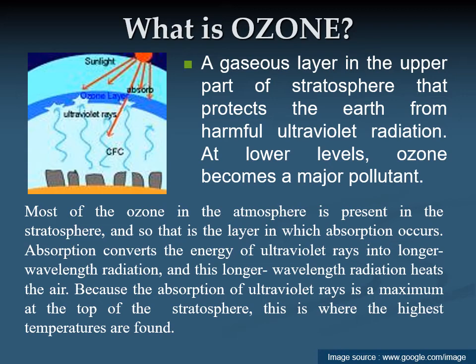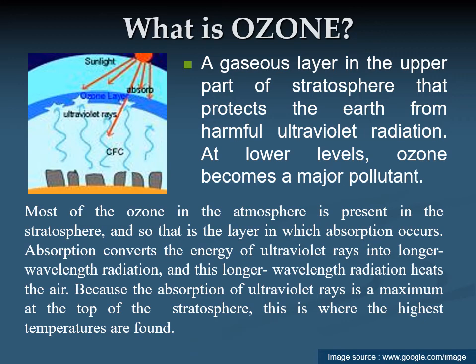So this is the cause due to which we find that the temperature in the stratosphere is increasing with altitude. In the entire stratosphere there are ozone gases, and the concentration of ozone gases increases with altitude. So as we move up through the stratosphere, we get more and more ozone gases. These ozone gases absorb the energy of the incoming ultraviolet radiation.